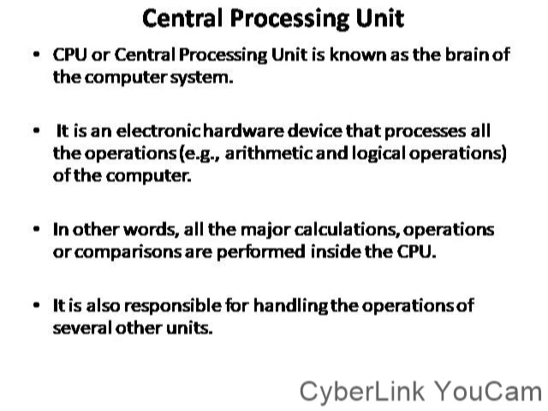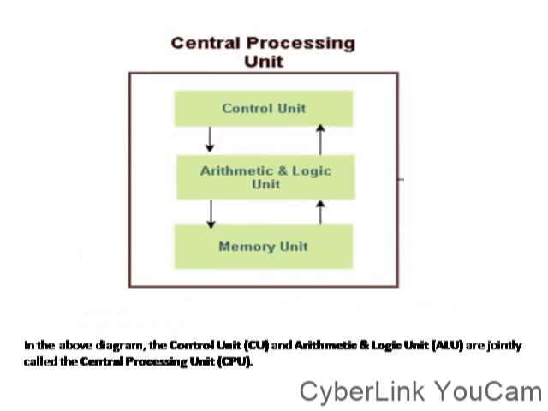All major calculation operations are performed inside the CPU, and it is responsible for handling the operation of several units. We can see here how it looks. In the CPU, you can see three parts are here: control unit, arithmetic and logic unit, and memory unit.